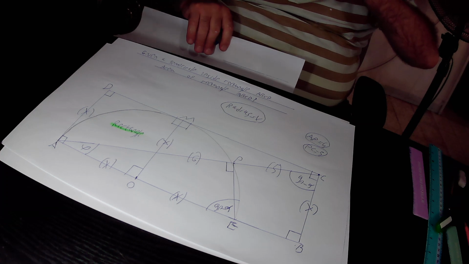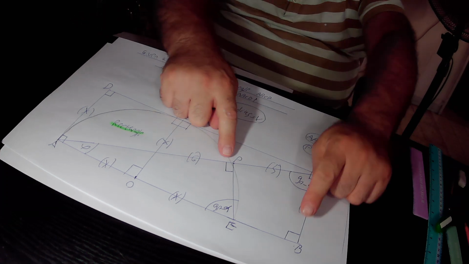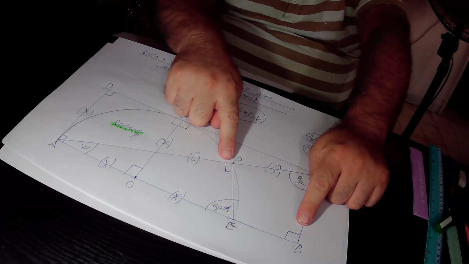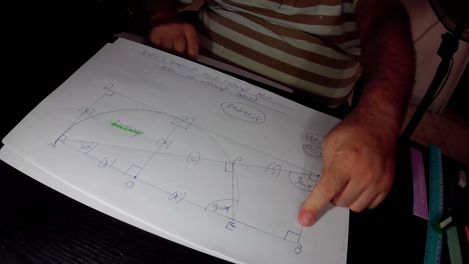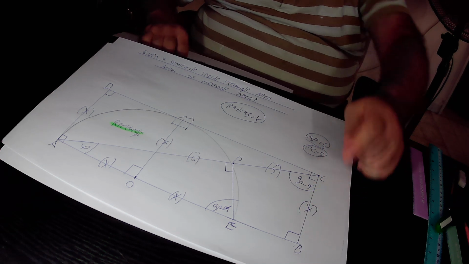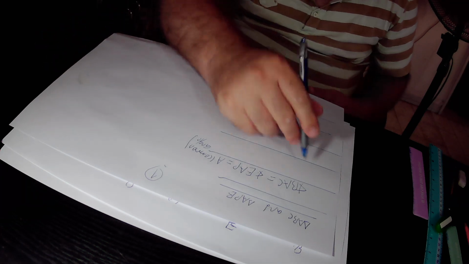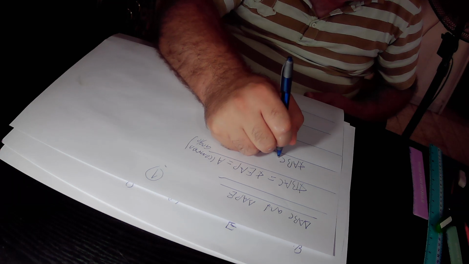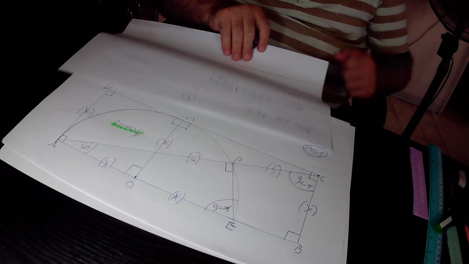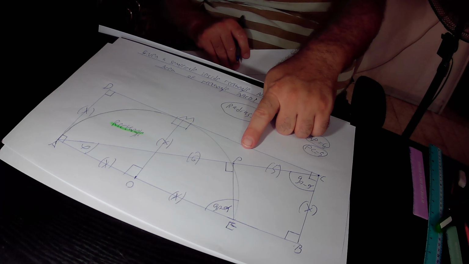In addition, those two angles are both equal to 90 degrees, therefore they are equal to each other. So actually, this is angle ABC in the right triangle ABC, and it is equal to this angle, that is actually angle APE, in the right triangle APE.